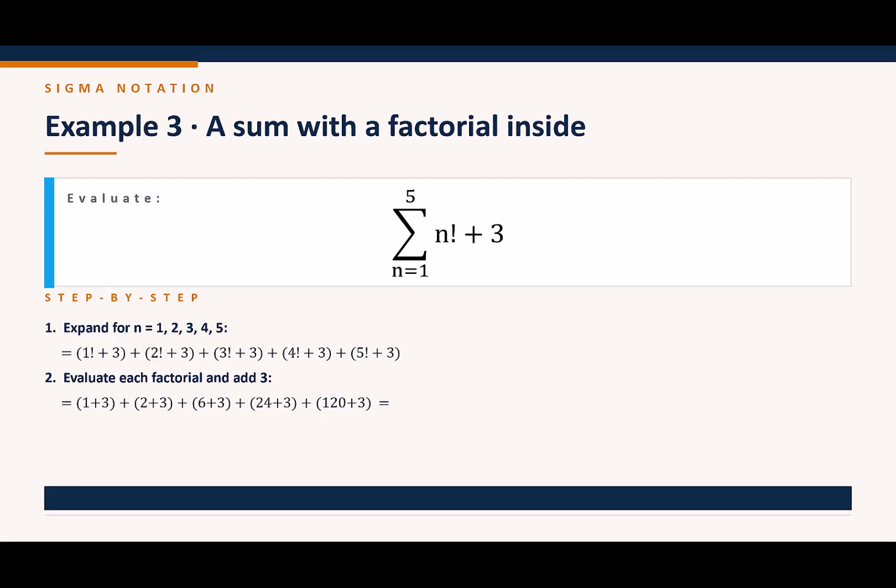Our next step will be to evaluate each of the factorials and then add 3 to the result. Again, you could do this in your calculator. This gives us subtotals of 4, 5, 9, 27, and 123, which when we add all together, we get 168. Let's jump over to the calculator just to get a quick view of how to make this easier when we're doing our work.